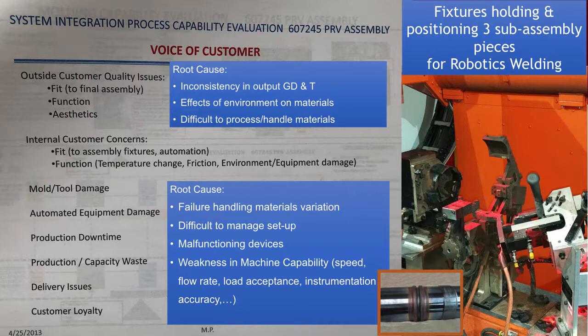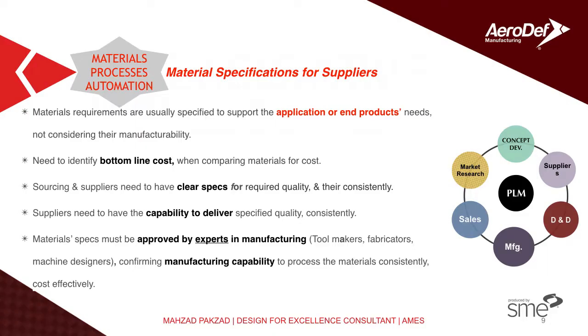Devices that are not really high quality devices, they may function fine, but they malfunction frequently. Weakness in machine capability, speed, flow rate, and load acceptance, instrumentation accuracy. So even though a machine can run, if it cannot meet the changes of the product or the speed required to meet customer demands, then they all can cause all kinds of production downtime or damage to the components.